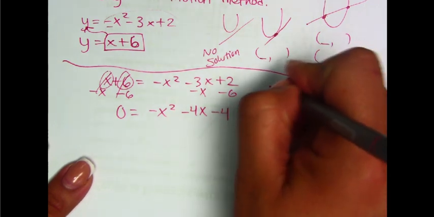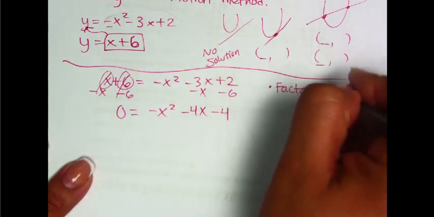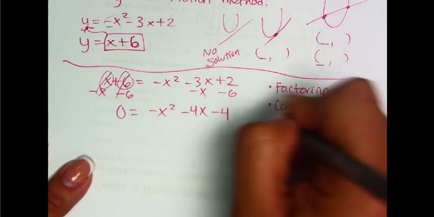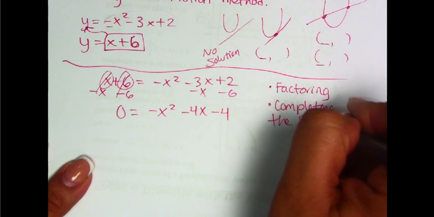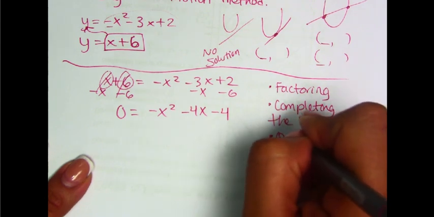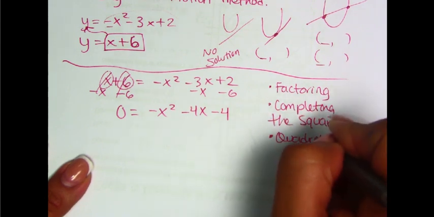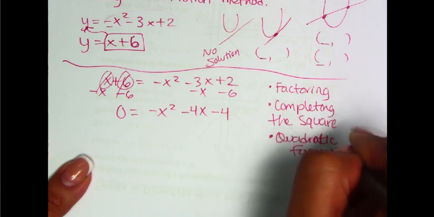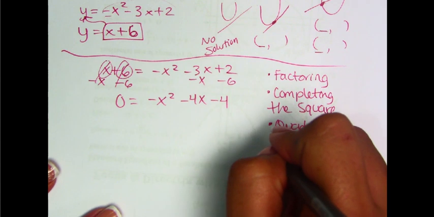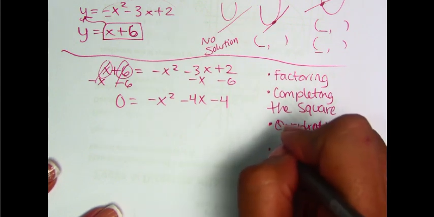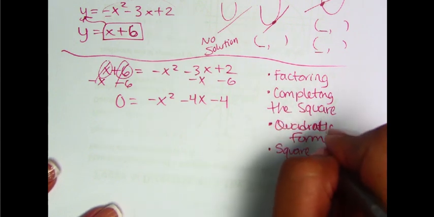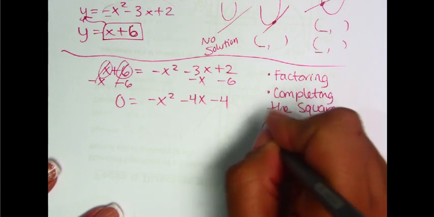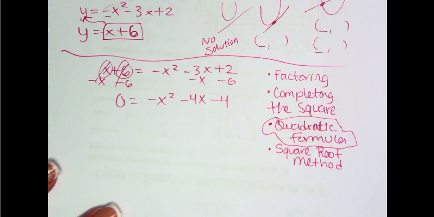We have factoring, completing the square, the quadratic formula, and I believe there's also the square root method. There are a lot of methods, but the one that always works is the quadratic formula, so I'm going to demonstrate that one in this video.